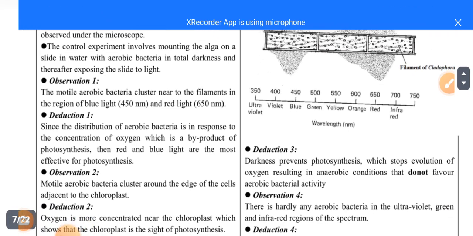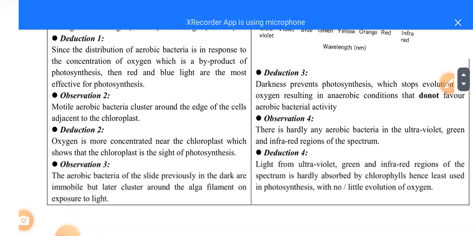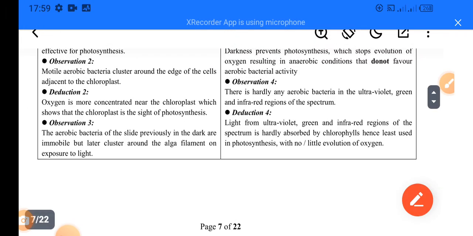You can see here in these regions, ultraviolet, there are no bacteria, green, yellow, and the other side of infrared. And our deduction is that light from ultraviolet, green, and infrared regions of the spectrum is hardly absorbed by chlorophyll, hence least absorbed in photosynthesis, so there is little evolution of what?